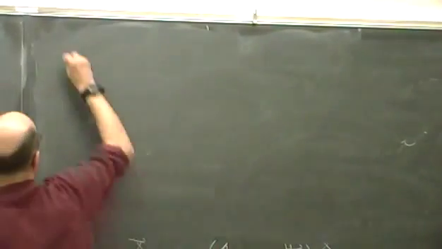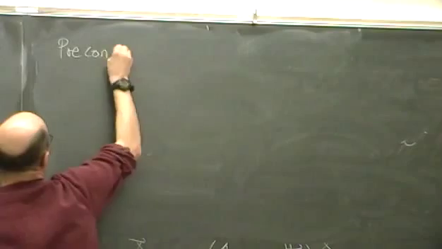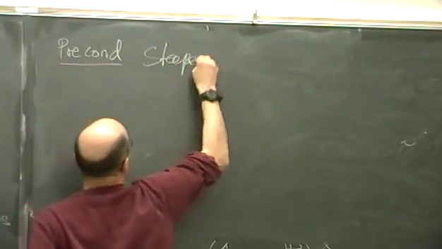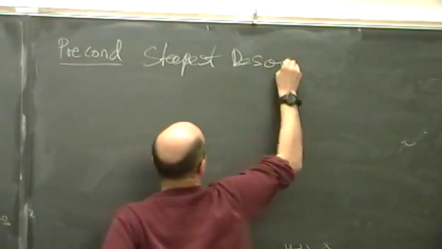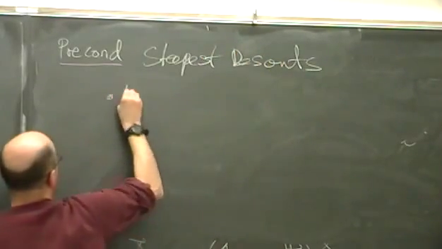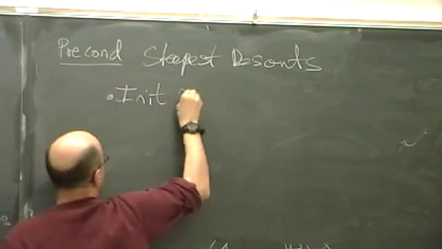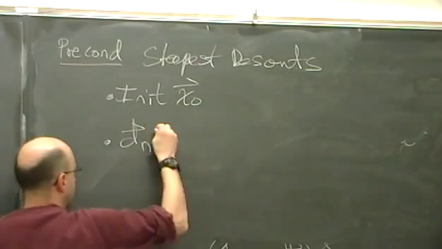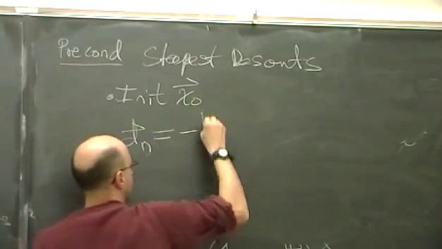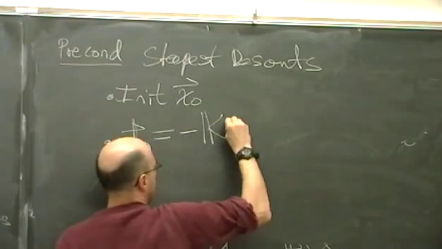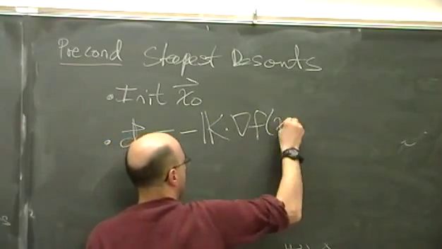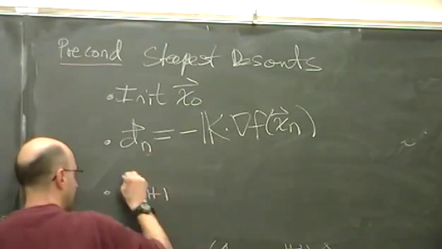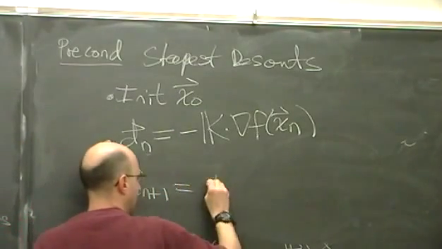This thing would be known as preconditioned, or certainly everyone calls it preconditioned. I would call it preconditioned steepest descents. And the algorithm looks like this, right? Have some initial guess. You compute now a search direction, which isn't necessarily your gradient, but it's minus this preconditioned gradient, K multiplied by your gradient at that point. And then you step along that direction.